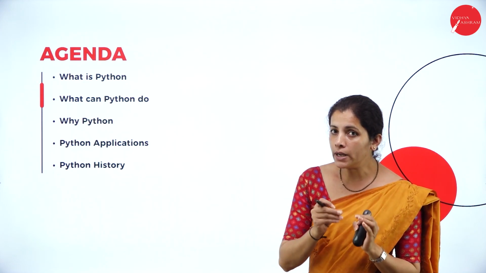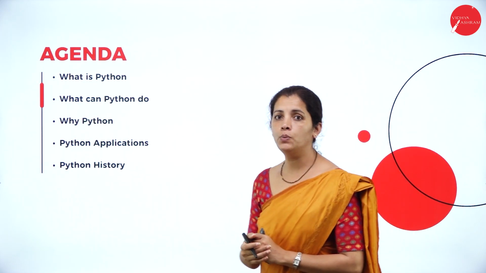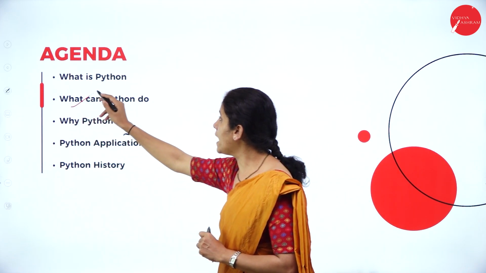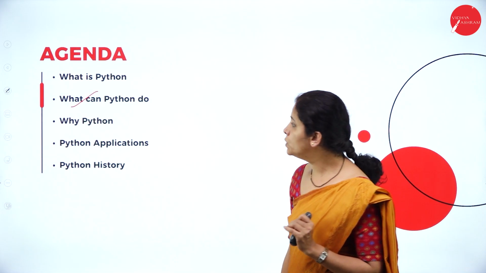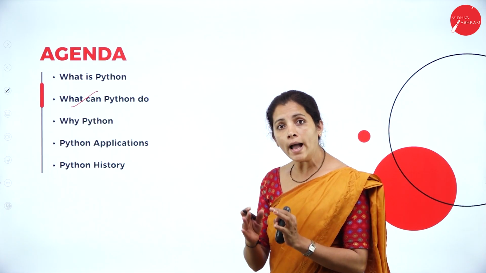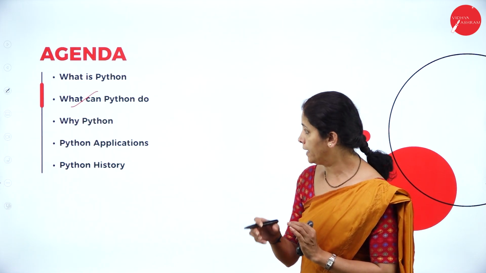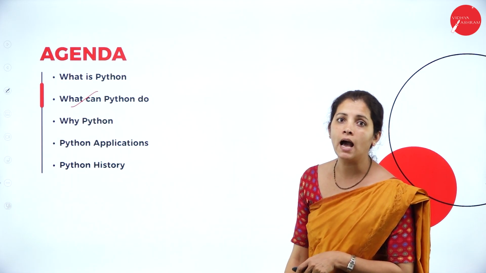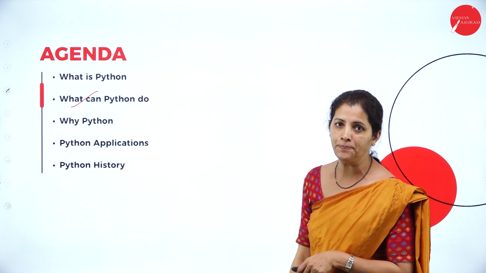But in today's session, I'm going to deal with what is Python programming and what Python can do. Along with that, why we have to select Python, and Python applications as well as Python history.